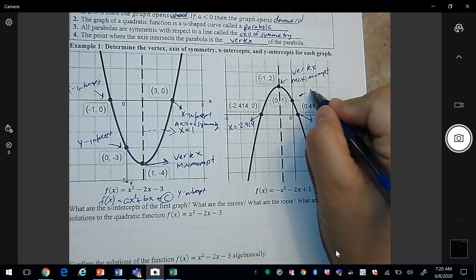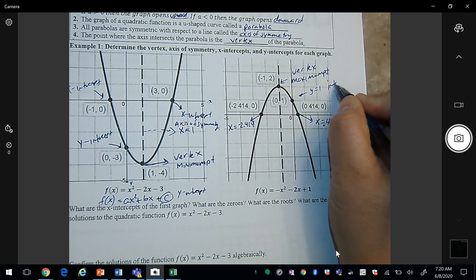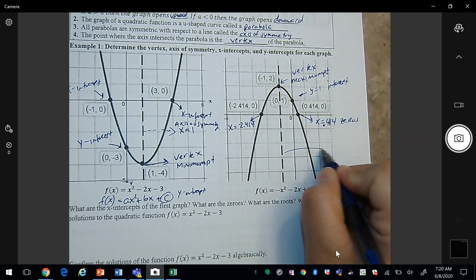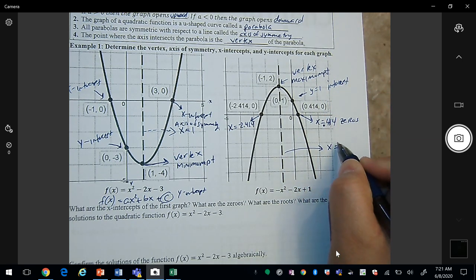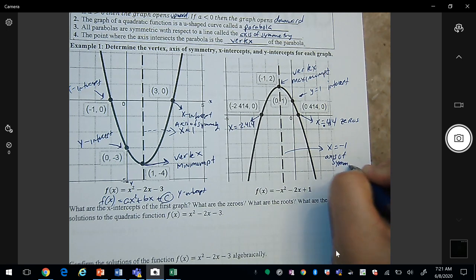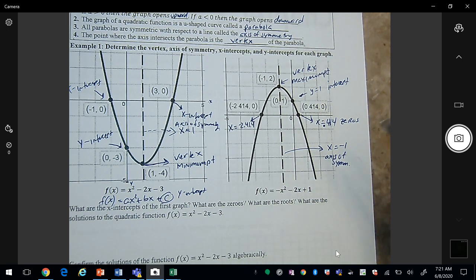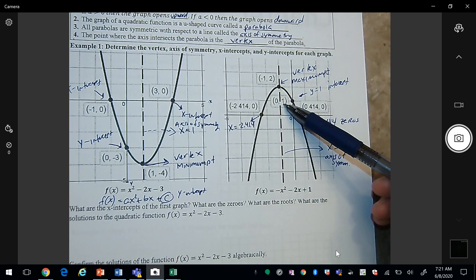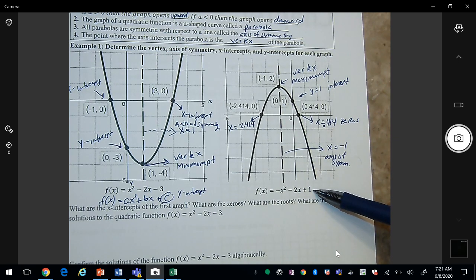The y-intercept is at y = 1. And the axis of symmetry is at x = -1. Notice your y-intercept is 1, and here's the 1 in the equation.